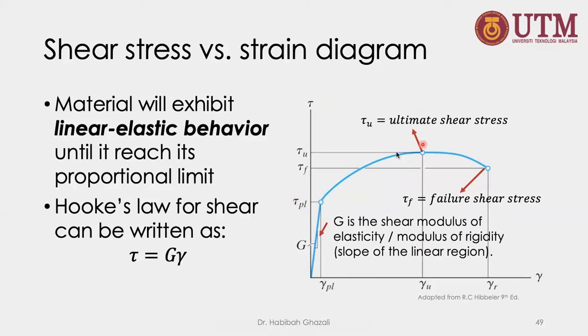So the ultimate shear stress can be determined similar to the tensile stress, which is the maximum load of the torsion, and then the failure is similar.